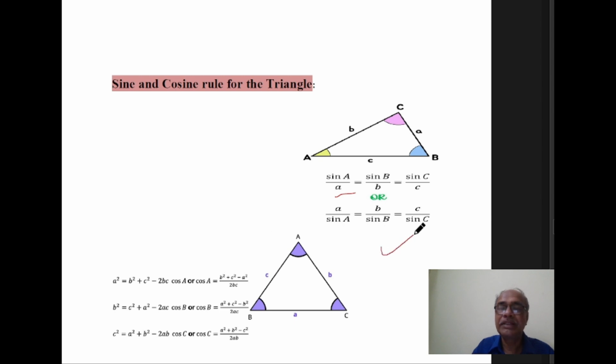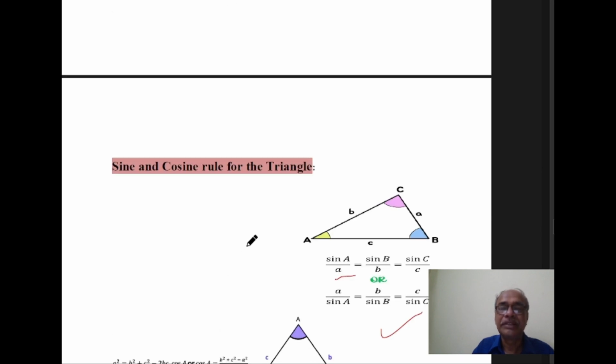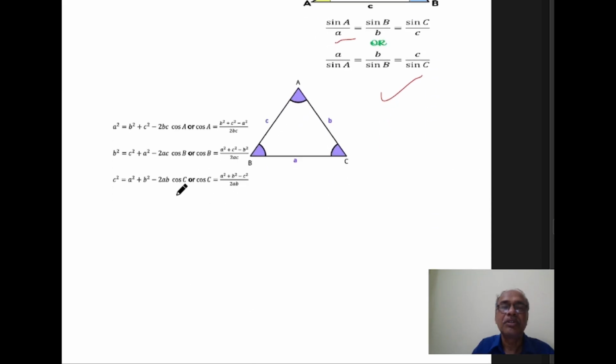And this is the sine formula, and this is the cosine formula. Here A, B, C are the sides, and if we take a square, then a square equals b square plus c square minus 2bc cos A. You see, b and c are the two adjacent sides.